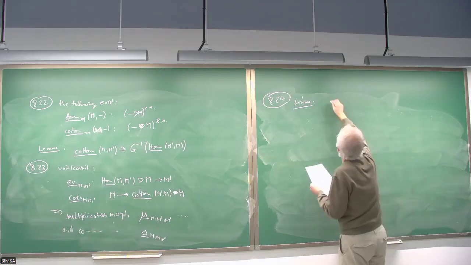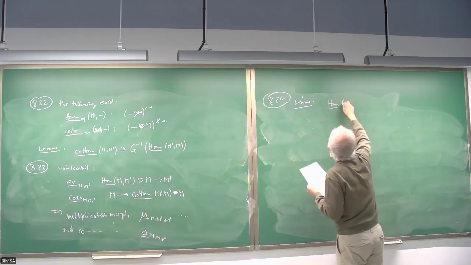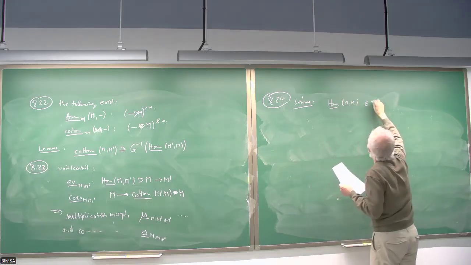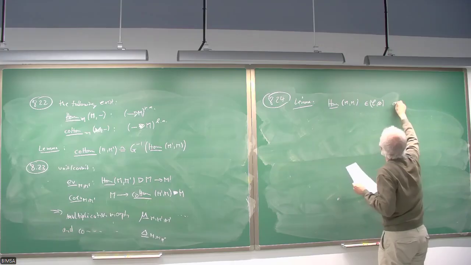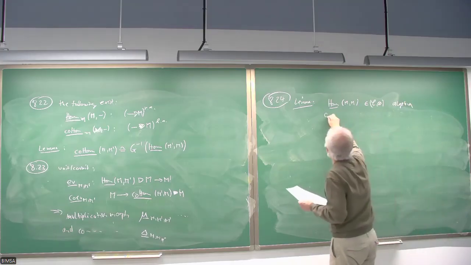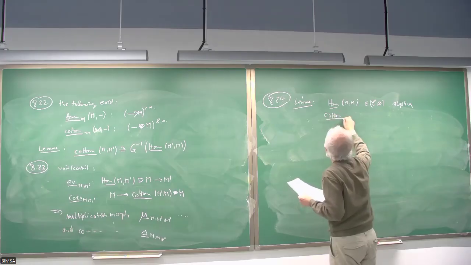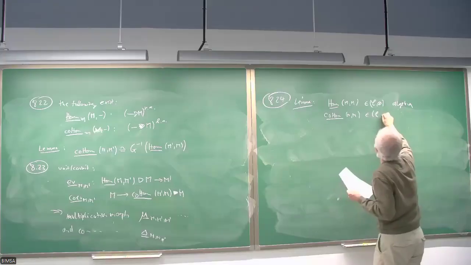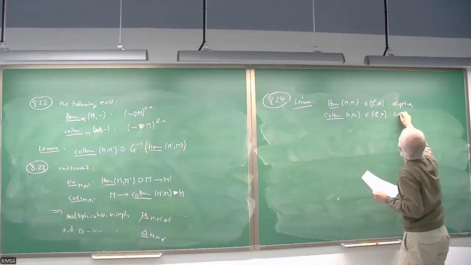So the internal hom from A to M is naturally an algebra, and the internal cohom is naturally a coalgebra, however for the other tensor product.